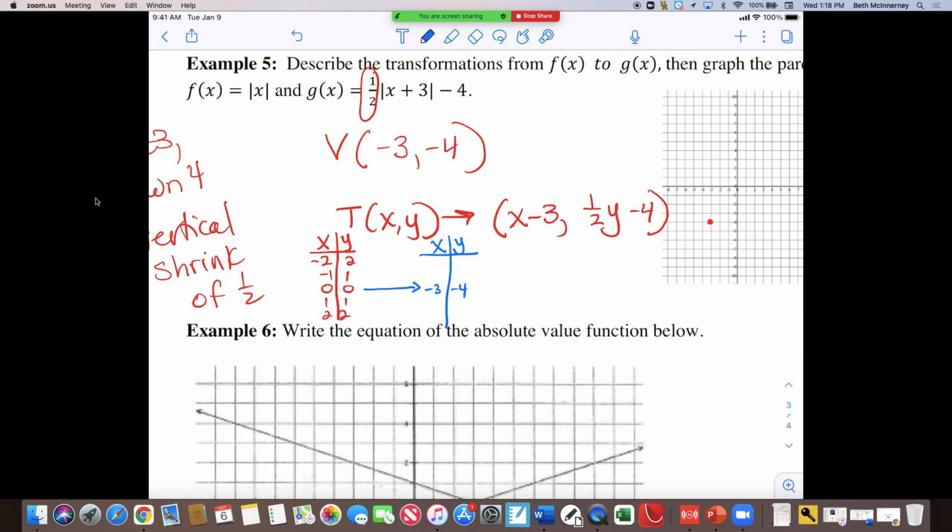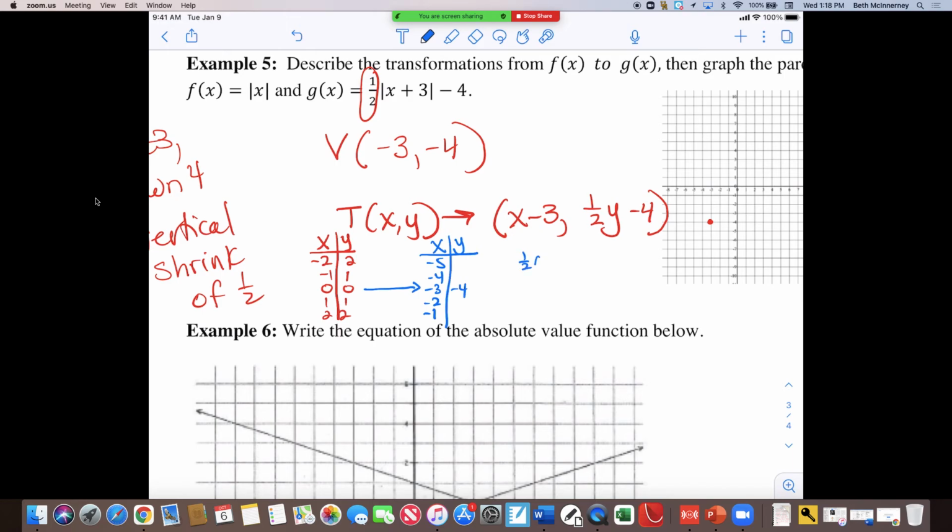So all of my x values are getting moved left 3. So that's -2, -1, -4, -5. All I did is I took the parent function, the -2 to 2, and I moved all the x values left 3. Then I'm going to take half of the y values and subtract 4.